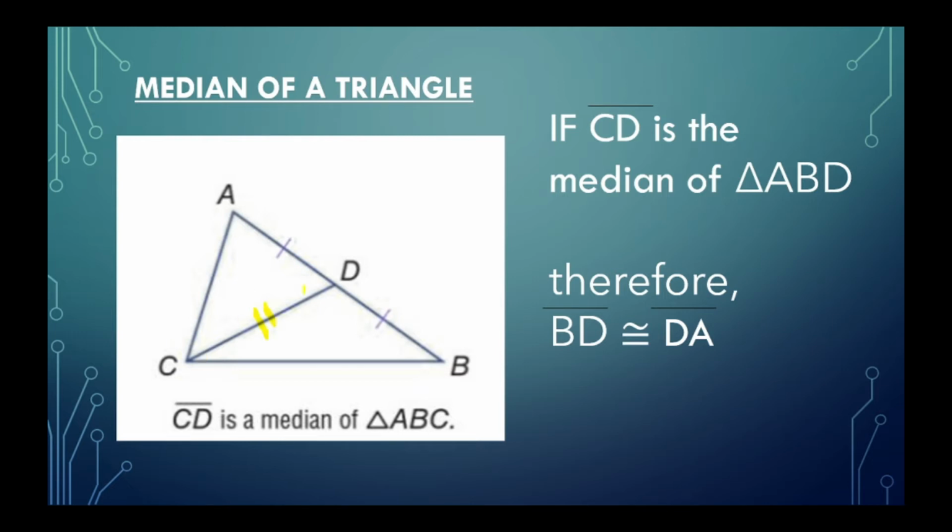Because this segment from this vertex C connects to point D, wherein this point D is a midpoint of AB, simply because AD is congruent to BD, or BD is congruent to DA. So we can say that segment CD is a median of this triangle. So that is a median.